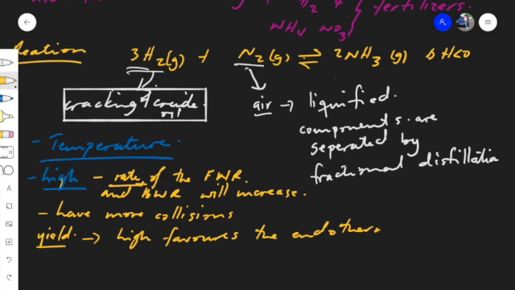And we already know that the forward reaction is actually exothermic, and therefore if the forward reaction is exothermic, the backward reaction is endothermic. So we are going to favor the backward reaction, and as a result the yield is going to decrease.